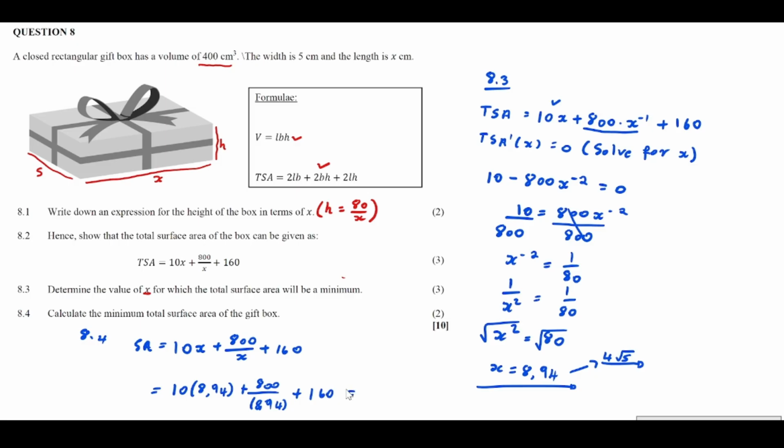Put this in your calculator. Let me see. I'm getting 338.89. It's an area, so centimeters squared, but there's no penalization for units. Yes, so that is our question number 8.